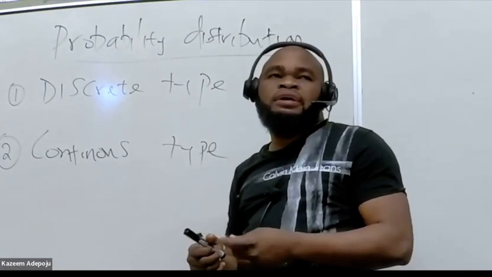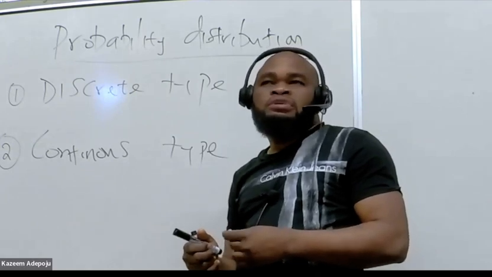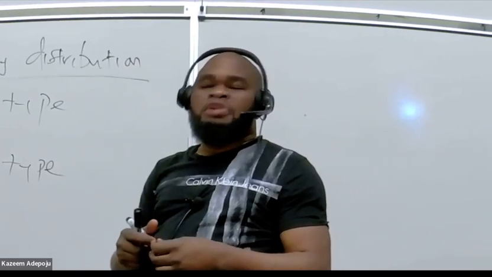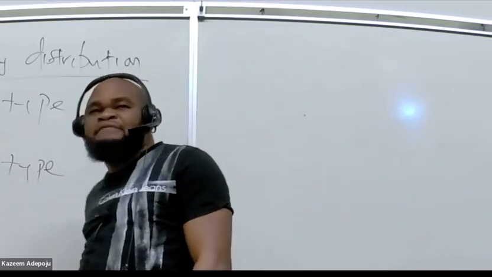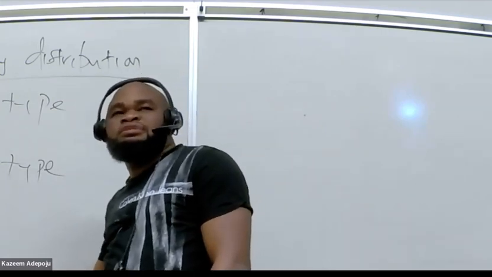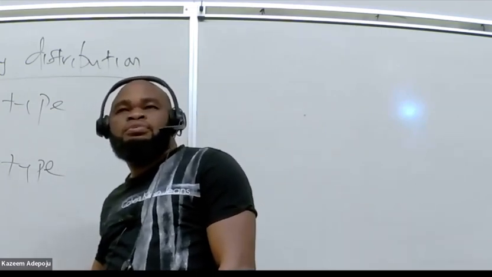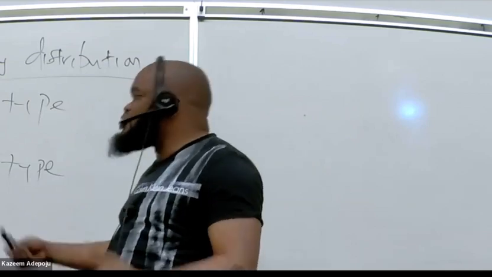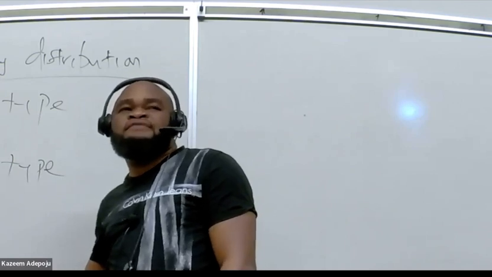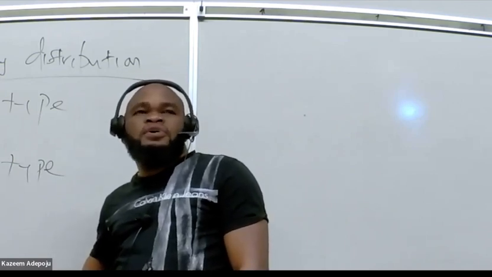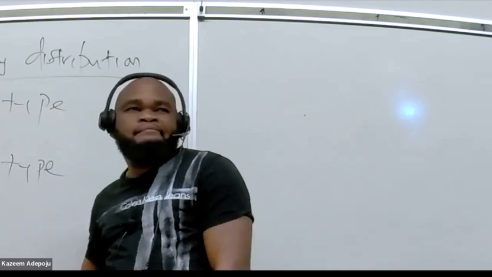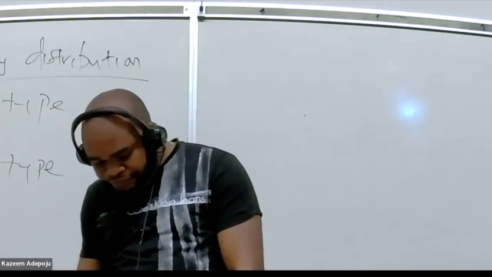Before we can understand a particular random variable, we need to know how that variable is distributed. If it's a discrete random variable, it's going to follow one of the discrete type probability distributions. If it is a continuous random variable, it's going to follow one of the continuous type probability distributions.